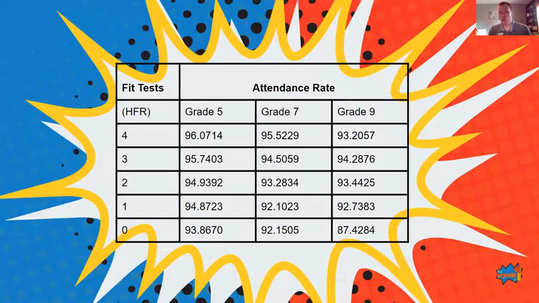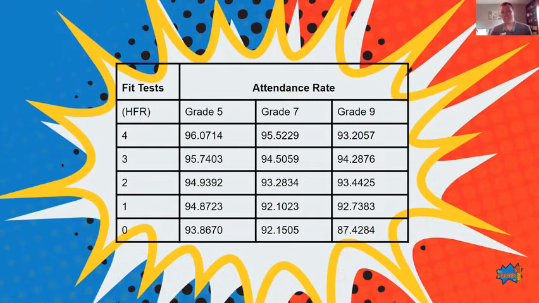So what I did in this table is the row with the 4 means that those are students that scored healthy on all 4 of their fitness assessments. And we've correlated that with attendance rate. So a 5th grader that tested healthy on all 4 fitness tests has an average attendance rate of 96%.